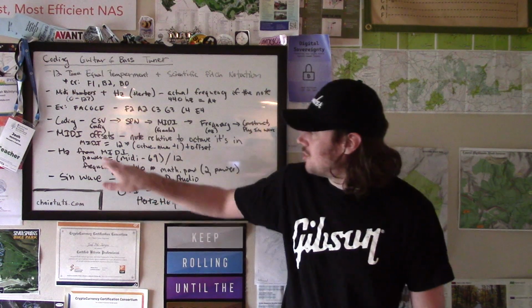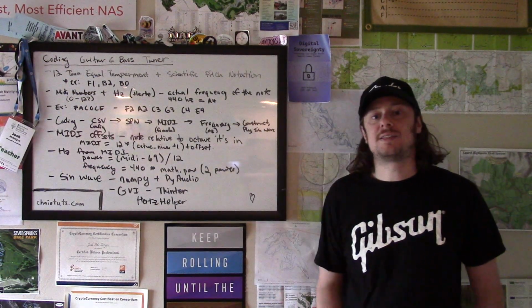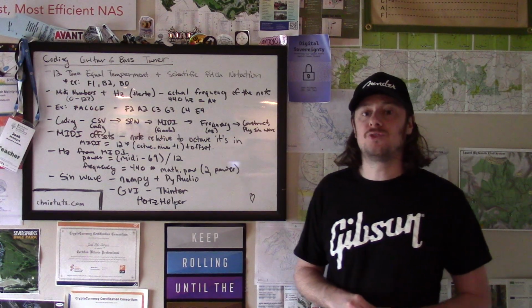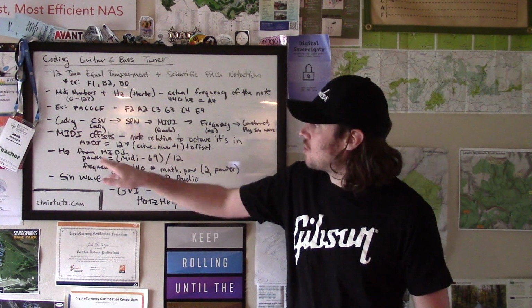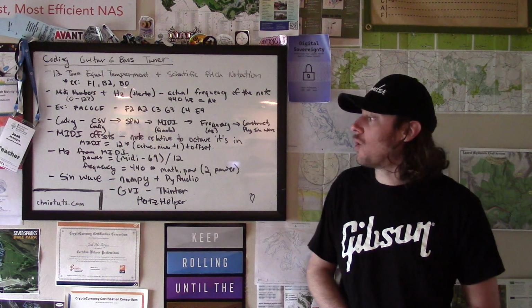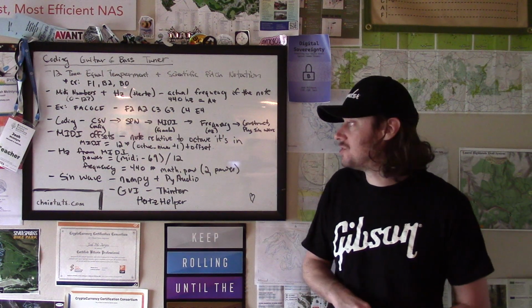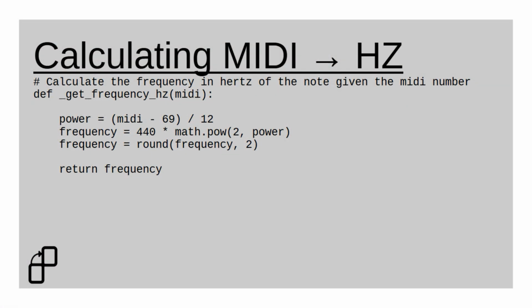So, there's a little two-step breakout for this that I did just to make it a little easier to read the code. We're going to start out calculating our power, or our exponent, that we're going to use in this formula. That will be the MIDI number that we previously calculated minus 69, divided by 12.